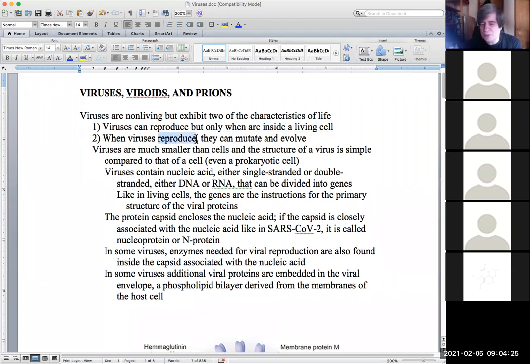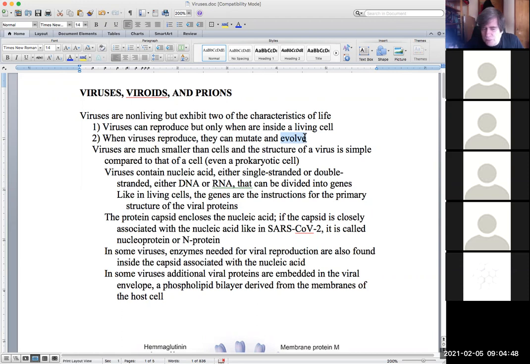And when viruses reproduce, when they replicate their DNA or RNA, there can be mutations. And those mutations mean that viruses can evolve. So when we think about viruses, they really only do two things that we associate with living organisms.